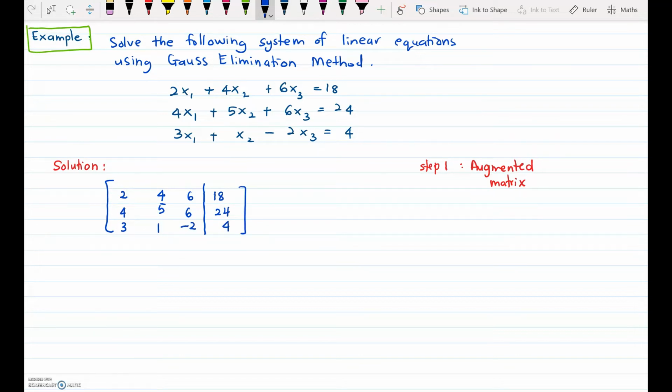Next, continue with step 2: we perform ERO to reduce until we get the form of REF.